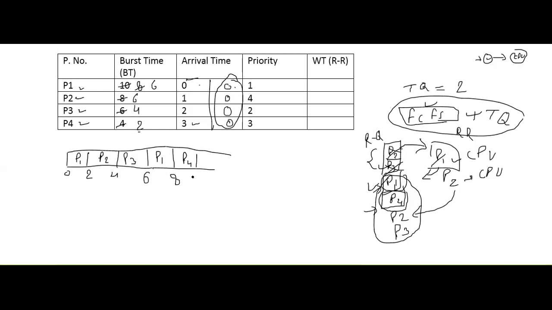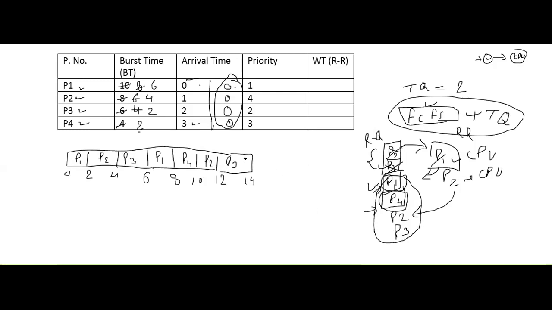P4 got execution up to 10. Then after P4, P2 gets the chance for execution, up to 12, so P2 becomes 4. Then P3, that is 14.